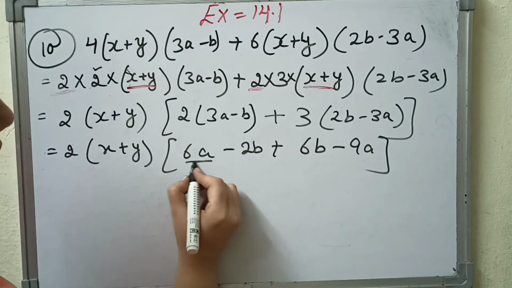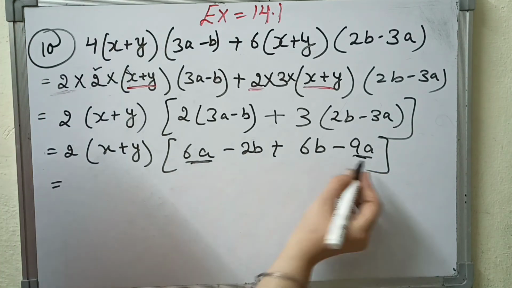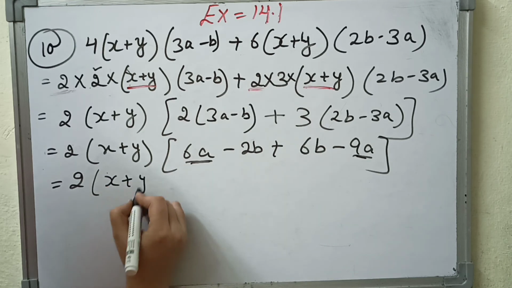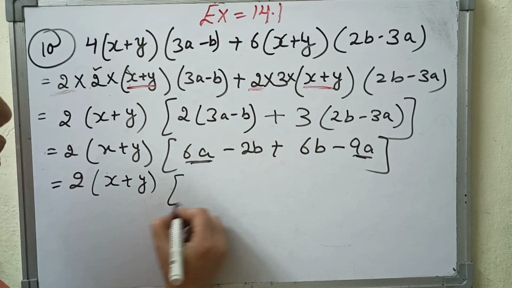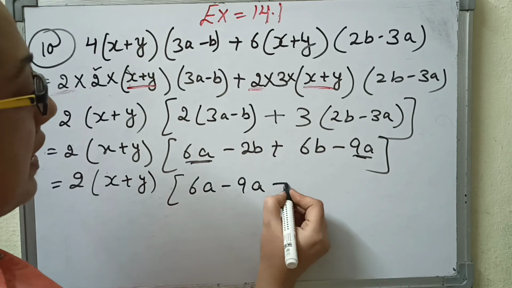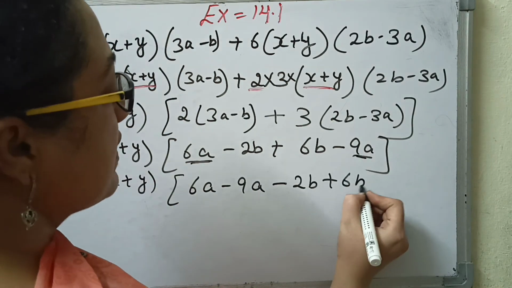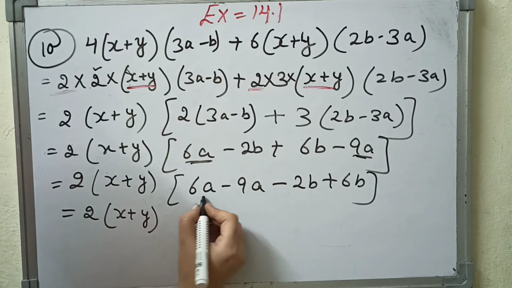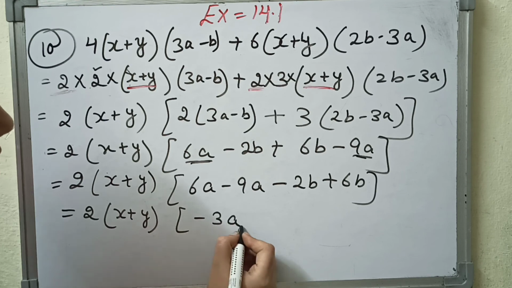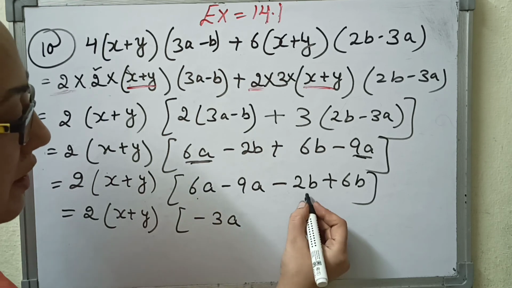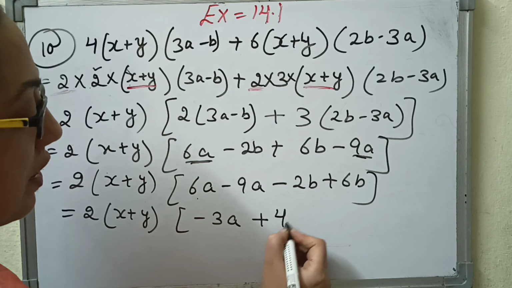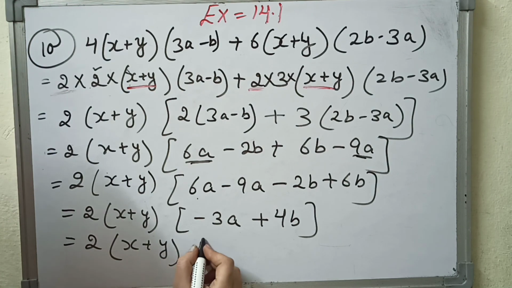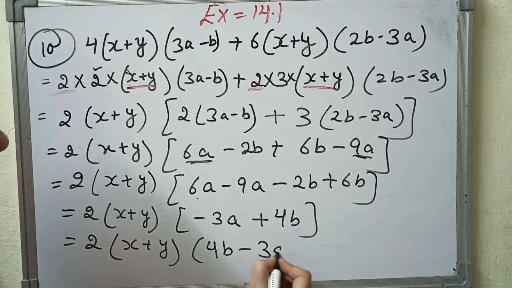Now collect the like terms, 6a and 9a. Similarly collect the terms of b, and it is written as 2 times x plus y, 6a minus 9a minus 2b plus 6b. 6a minus 9a is minus 3a, and minus 2b plus 6b is 4b. So it is written as 2 times x plus y, 4b minus 3a.